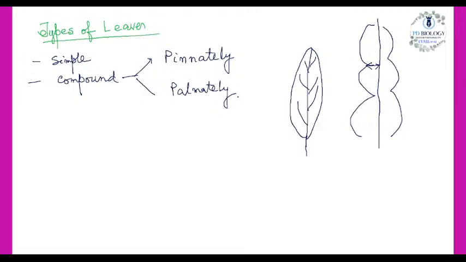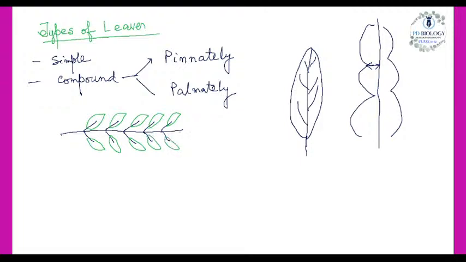Many leaflets are pinnately arranged on a common axis, that is called rachis, that you see in this type of structure. So that is pinnately.